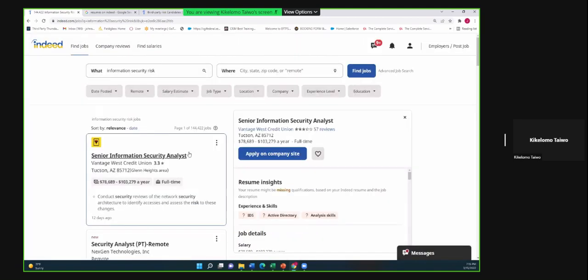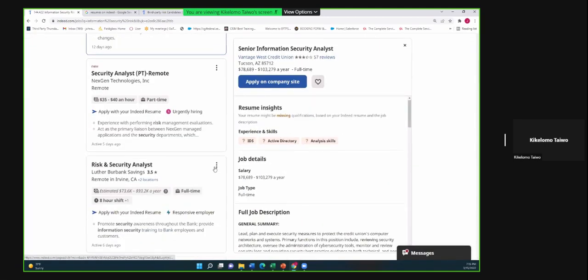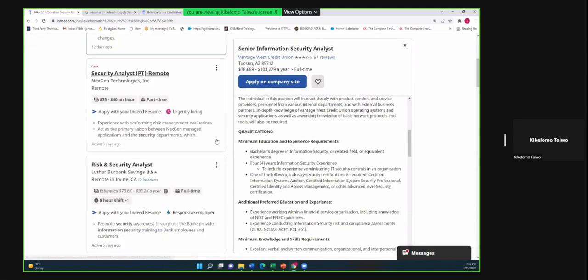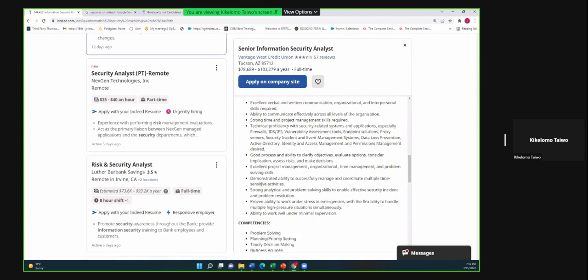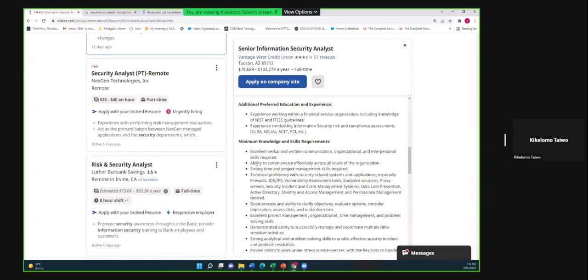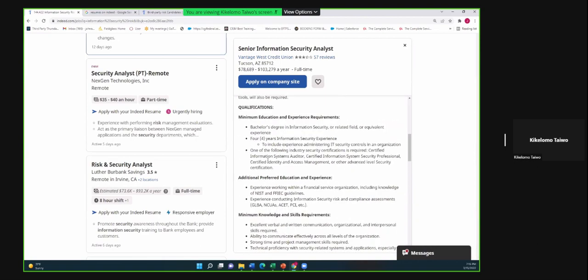Basically, I have to make sure I look at the job description, like this information security risk one. You look at the job description, and if you see something that relates to third party, good. If you don't, don't apply. But if I didn't see anything relating to third party but it's more like compliance assessment, I can apply.